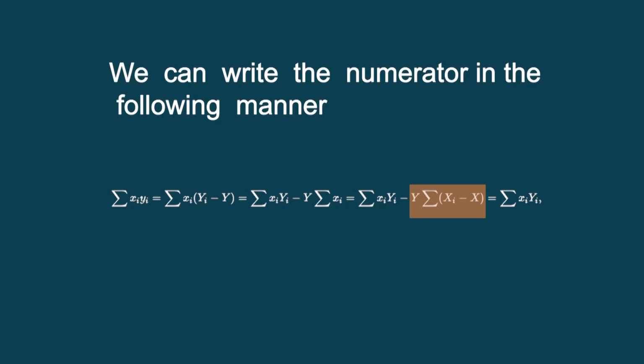From here we can see that any value, if its deviation is taken from its mean, will end up as 0. That means the second component does not exist at all. This is absolutely equal to 0. Only the first component is retained, which is summation of small xi capital Yi, and that is substituted in the numerator.